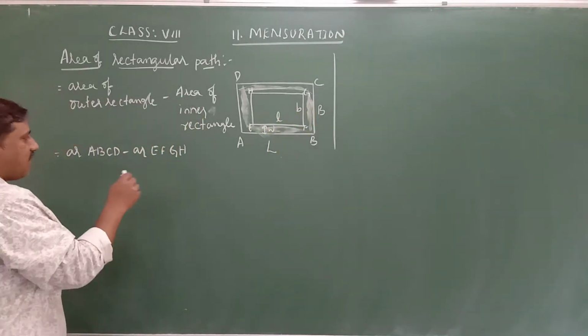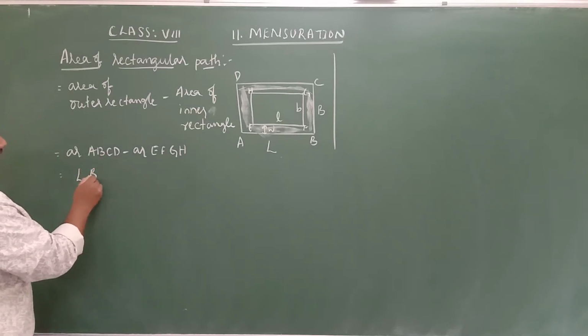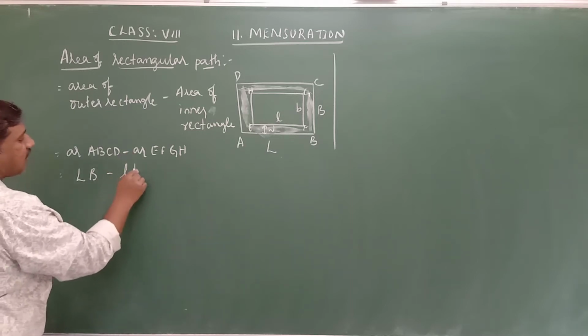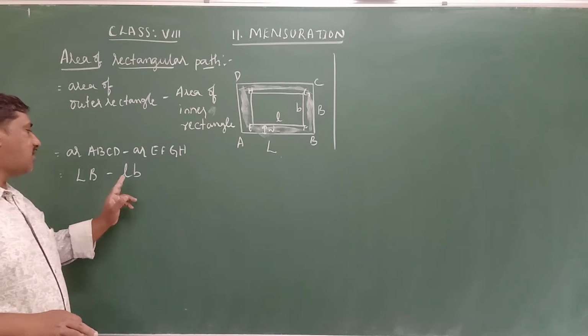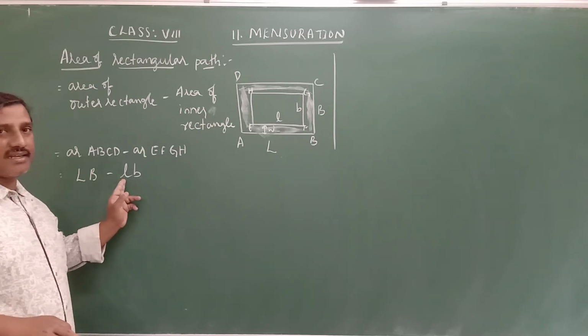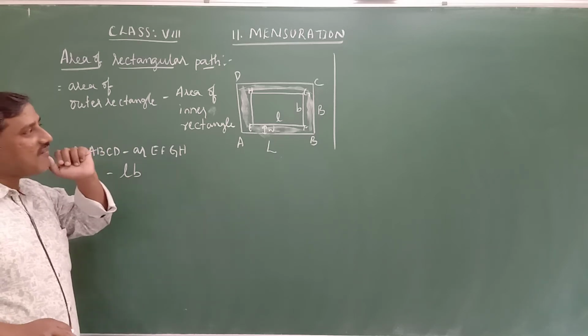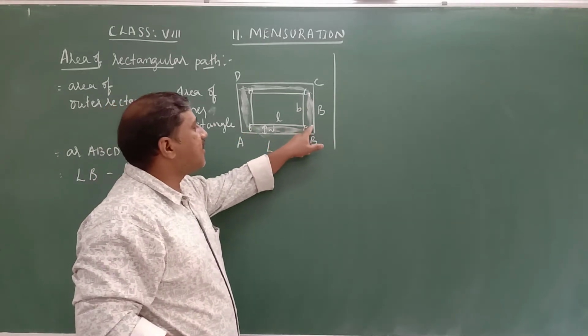Now the area of the outer rectangle is length into breadth, capital L into capital B, minus small l into small b, the length and breadth of the inner rectangle. The width will be given here, and here also.